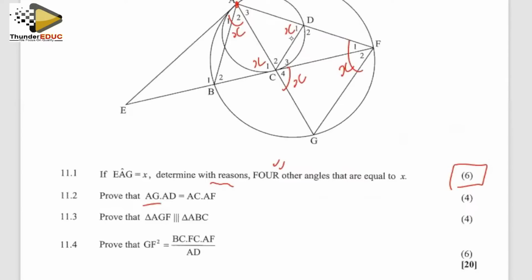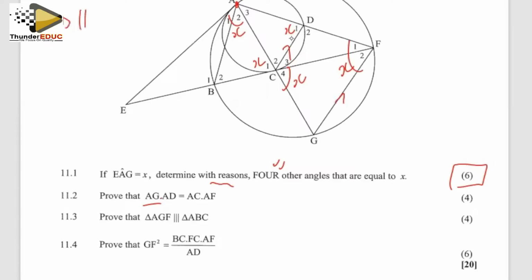Then can we prove that AG times AD is equal to that and that? So what we need to know is that since D1 is X, which is the same as AFG, it simply means that these two lines are going to be parallel.